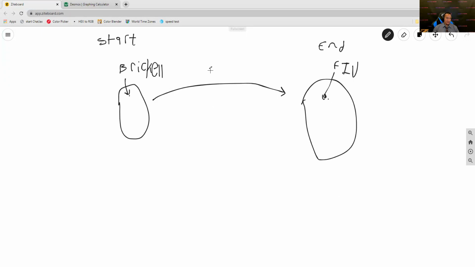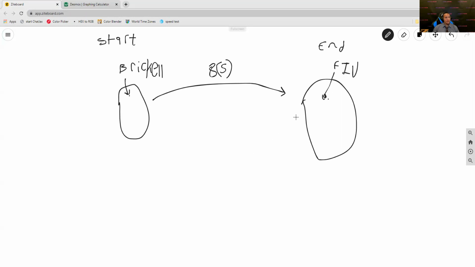In this case, it would be called the 8 bus, and the 8 takes in your location. I'll call it S, S for start. The 8 takes your location and takes you to FIU.